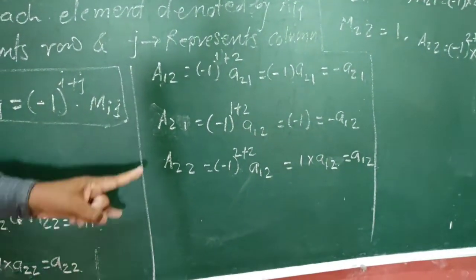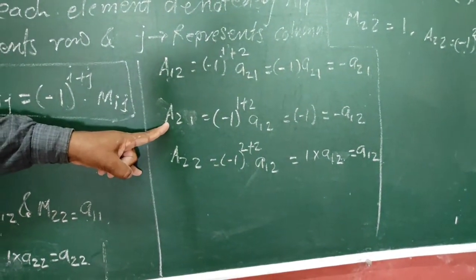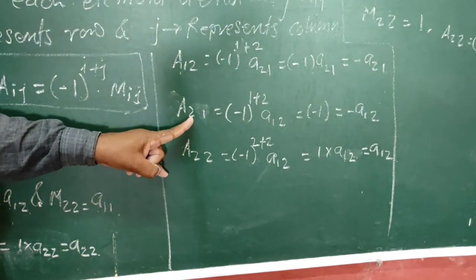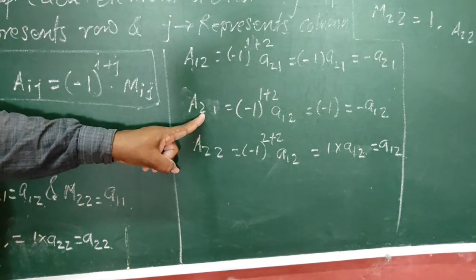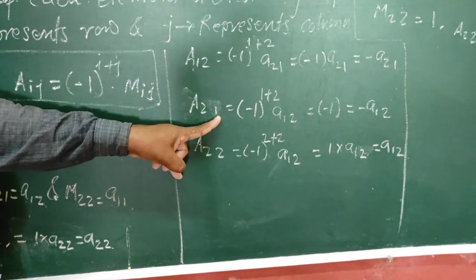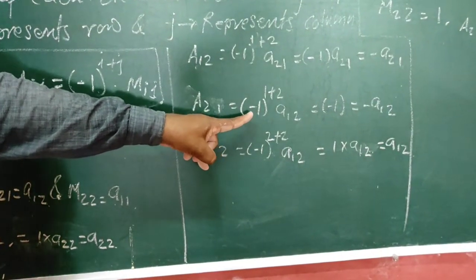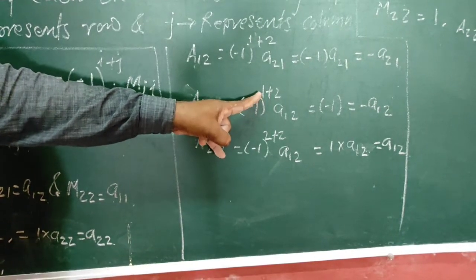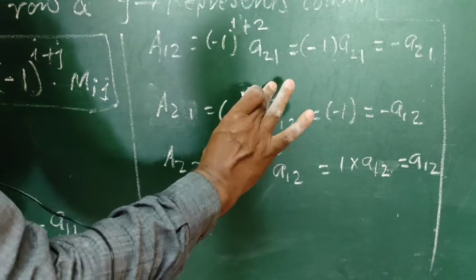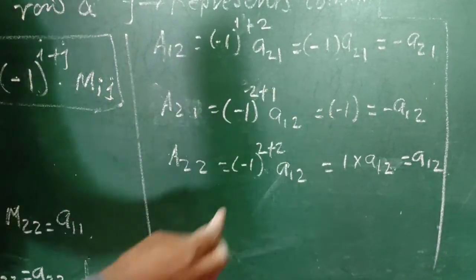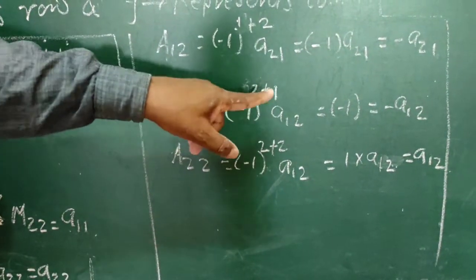Now we come to the cofactor of the third element, A21. Again, always determine the row and column number. Here it represents the second row and first column. Therefore we put in the formula minus 1 raised to the power i plus j, where i is equal to 2 and j is equal to 1.